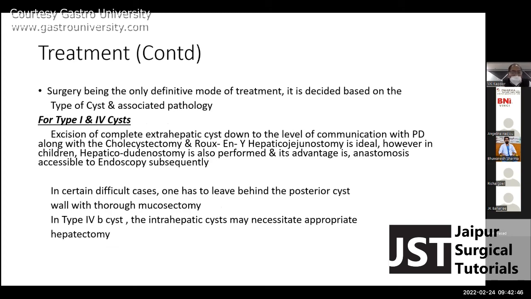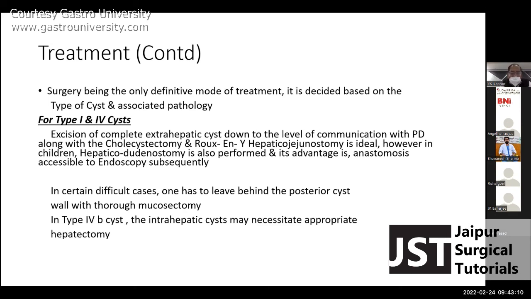In type 1 and 4 cysts, the surgery of choice is excision of the complete extrahepatic cyst down to the level of communication of the CBD with the pancreatic duct, along with cholecystectomy and Roux-en-Y hepaticojejunostomy, as told earlier.